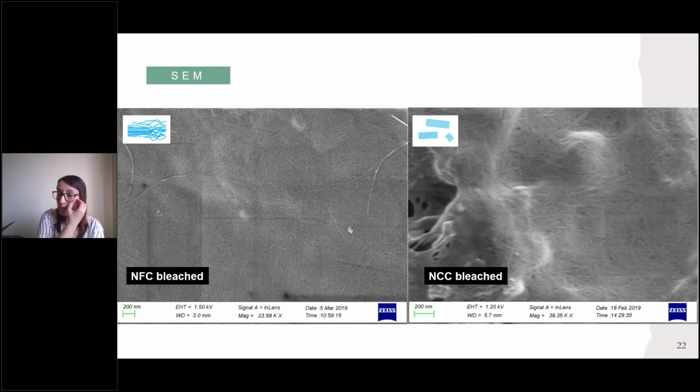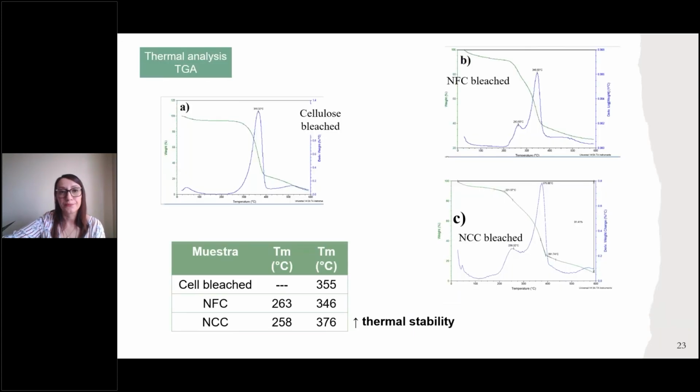Also a SEM analysis was applied, it is similar. For the NFC, you can see this network of fibers, and for the NCC, you can see the needle-like small parts.